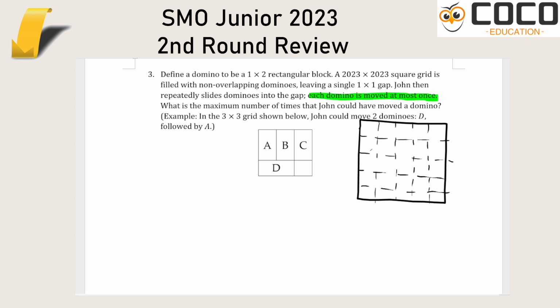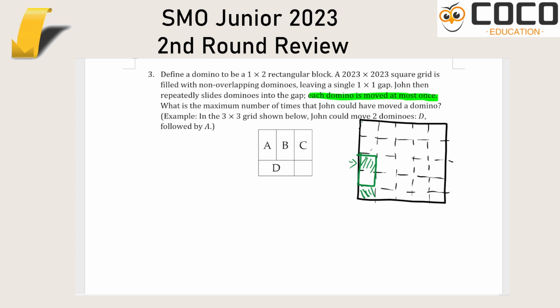Now, it means that anytime, the moment there is a gap, you want another domino to be able to fill that gap as quickly as possible. Right? So for instance, if let's say this is my gap, then I want to put a domino here. And when I slide it over, this is the new gap. And I want to have a new domino ready to fill this gap.